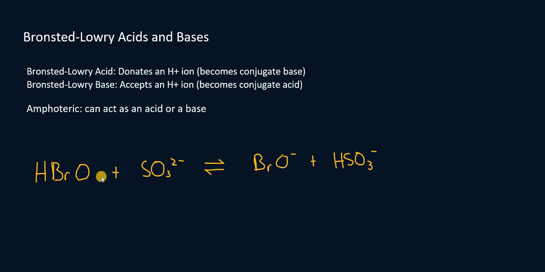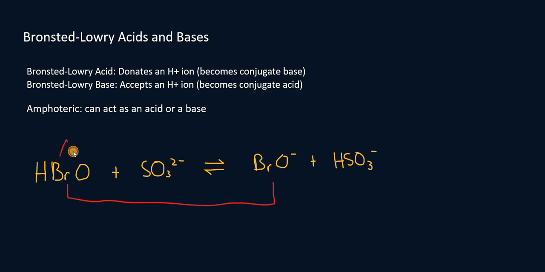If we look at this side of the equation, we have HBrO and we have SO3 minus. And on this side of the equation, we have BrO minus and HSO3 minus. So it looks like HBrO is acting as our Bronsted-Lowry acid because it loses a hydrogen. You can see here, it loses that hydrogen and becomes the conjugate base.